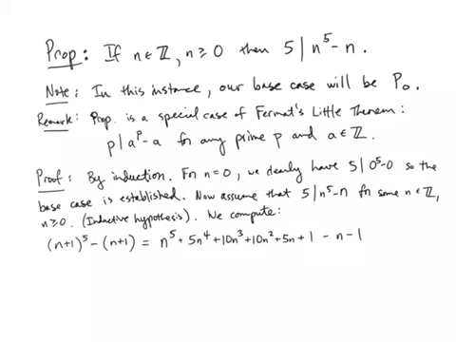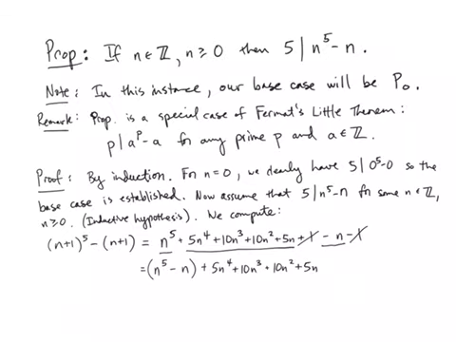So what we'll want to do is isolate this term n to the 5th and our minus n here, right? So in the next line we'll write this is equal to n to the 5th minus n. And then we have the 1 and the minus 1 canceling, and everything else is in here, right? So we have plus 5n to the 4th plus 10n cubed plus 10n squared plus 5n.